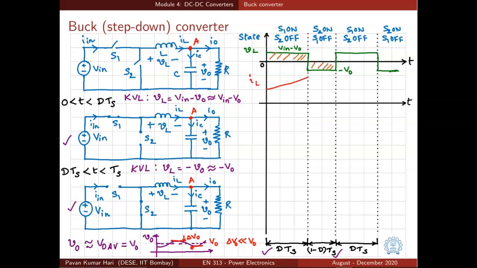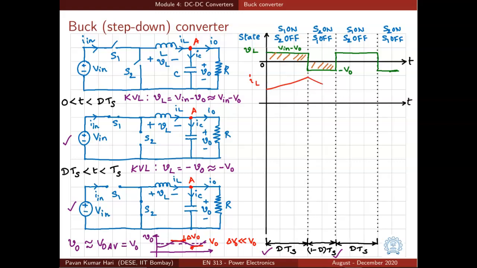And what is the slope? The slope of this line, the red color line that we have drawn now, is V in minus VO divided by L, the value of L. That is the slope of this line. And in the remaining interval 1 minus dTs, the current is going to fall. Why? Because the voltage across inductor is negative, so di by dt is negative, so the current is going to fall. And how will it fall?